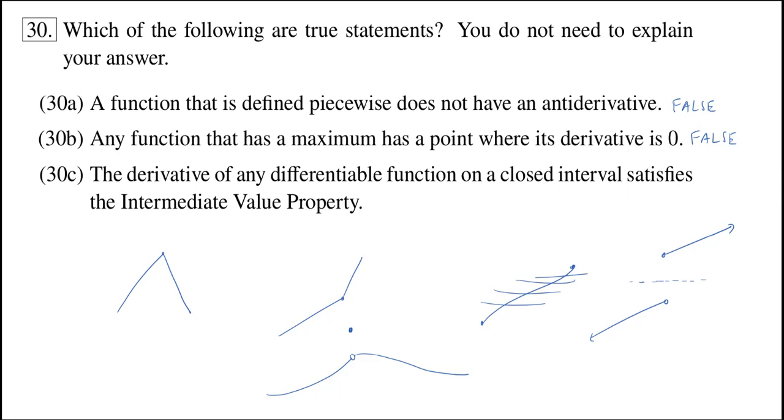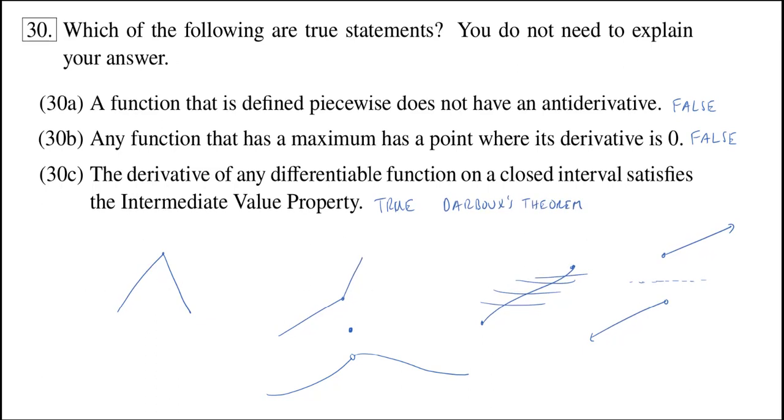Okay, what about 30C? The derivative of any differentiable function on a closed interval satisfies the intermediate value property. And this is true because this is precisely Darboux's theorem. So we have 1 out of 3 of these things being true.